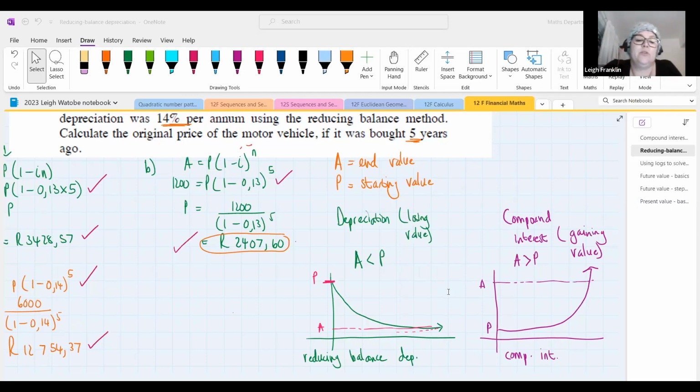All these things, when we buy them, they're worth a lot of money and they depreciate over a period of time. So if you want to sell a TV secondhand, and you bought the TV brand new from Makro, you're spending a lot of money. You're not going to sell it 5 years later for the same amount of money that you bought it for, because it has depreciated. It's lost value, like a car too.